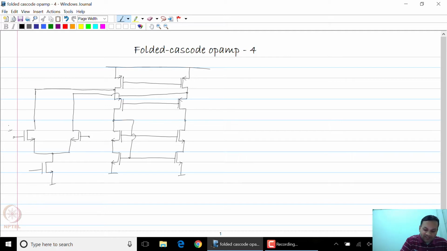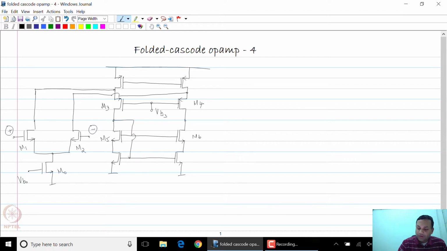So let us number the transistors. M1 and M2 are the input pair, M0 is the current source, M3 and M4 are the common gate transistors, so they have a gate bias voltage of VB3.